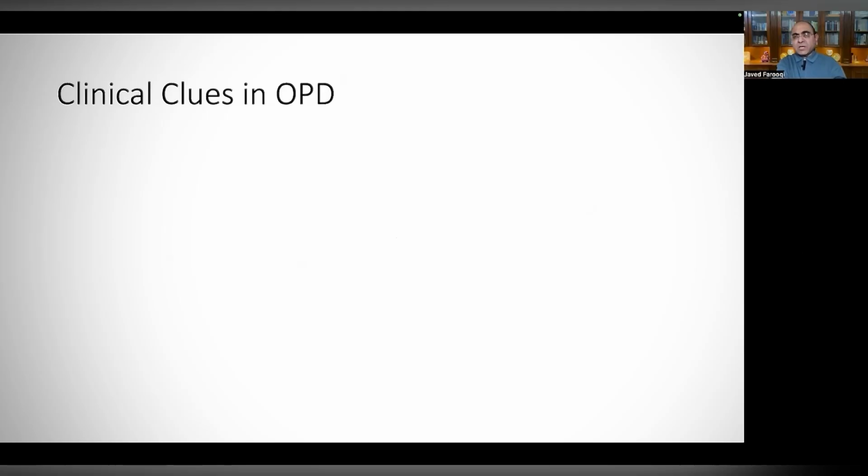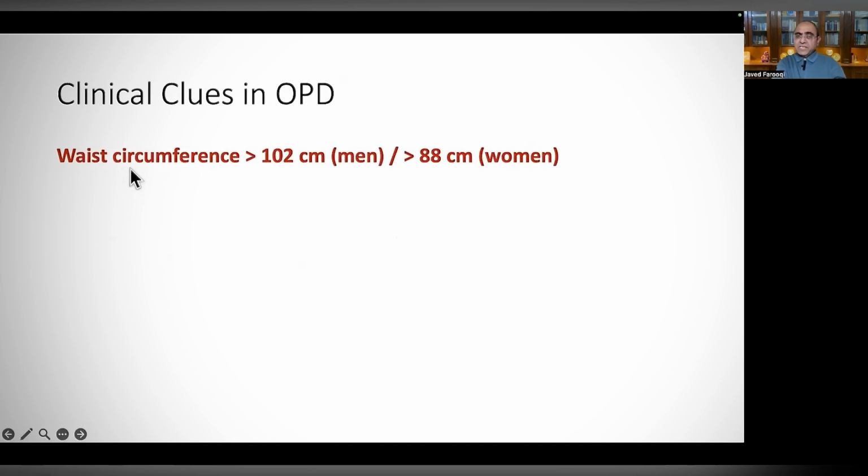What are the clinical clues of sarcopenic obesity in OPD? If the waist circumference is more than 102 centimeter in men and more than 88 centimeter in women, ask yourself, does the patient walk slowly? When the patient was entering the OPD room, was he or she walking slowly?